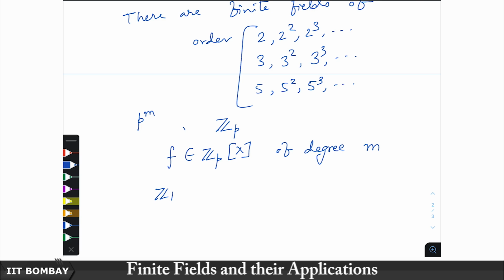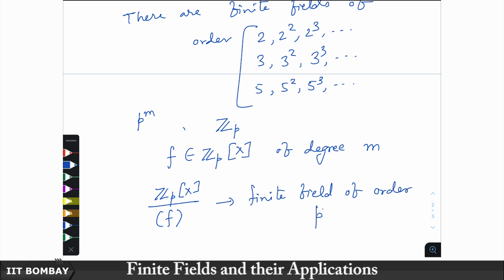So, that is Z p x quotient the ideal generated by f. This is a field, a finite field of order p power m.